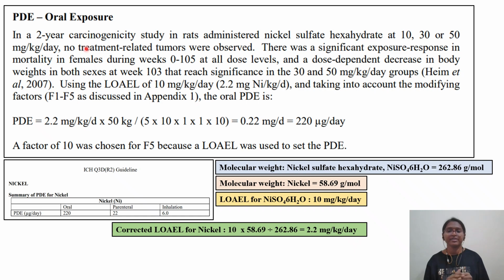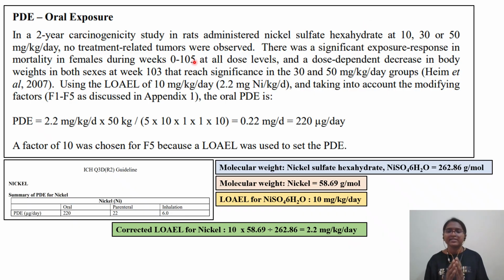Here they were looking for nickel, but they found studies on nickel sulfate hexahydrate. There was a data gap on the metal itself, so the toxicology studies they saw were on the salt form, nickel sulfate hexahydrate.